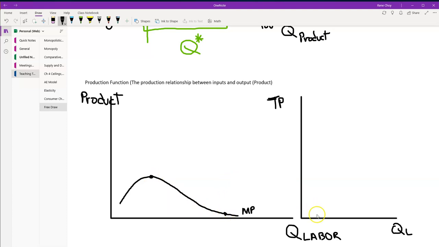So total product increases at an increasing rate until we reach this point, call it 1. And then it increases at a decreasing rate, and then it flattens out.